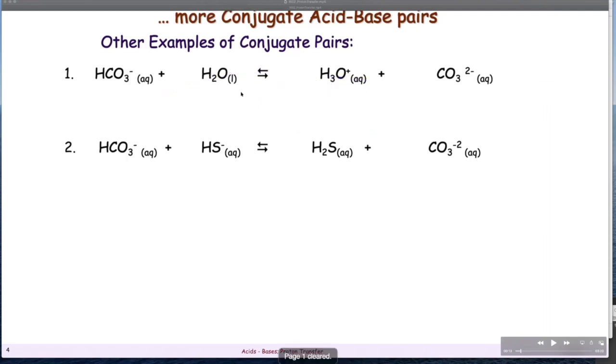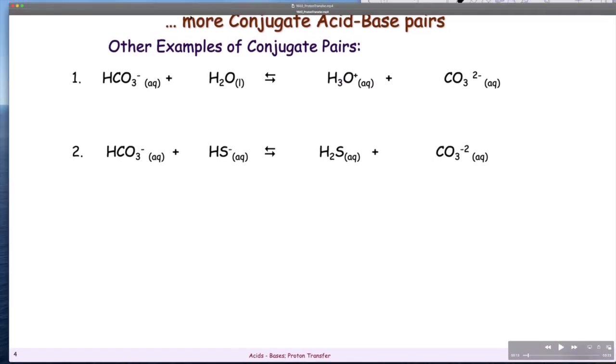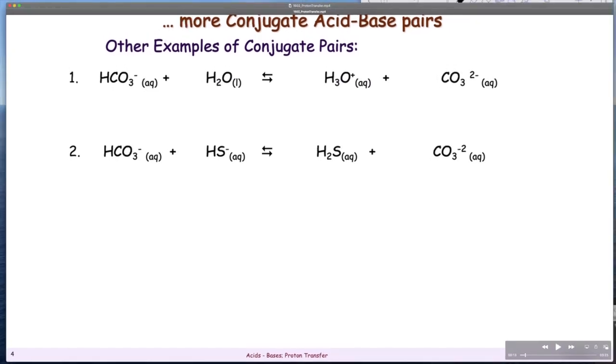Here are other examples of conjugate pairs. You can see that this is called bicarbonate. And the bicarbonate becomes carbonate ions after it transfers its hydrogen. So this chemical becomes that, and these two would be conjugate pairs because again, they differ by hydrogen.